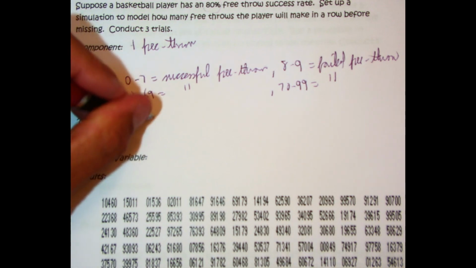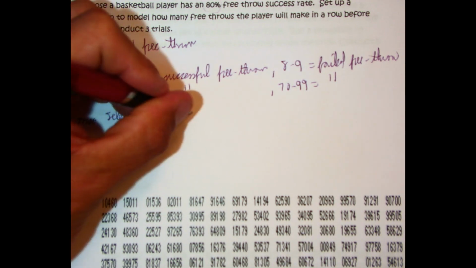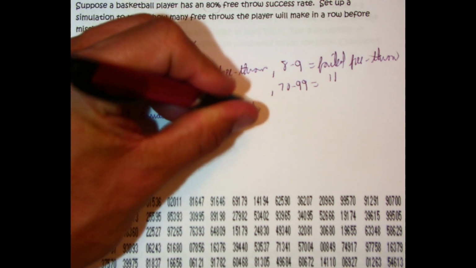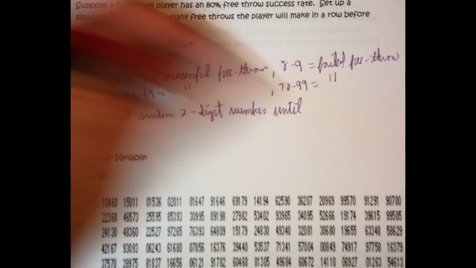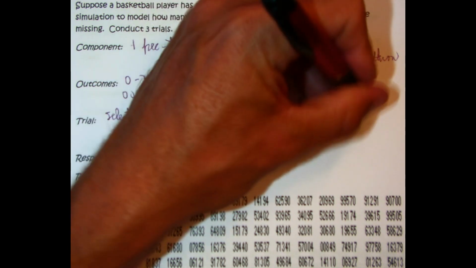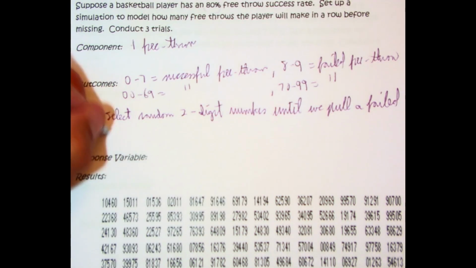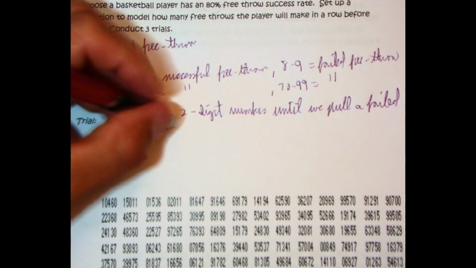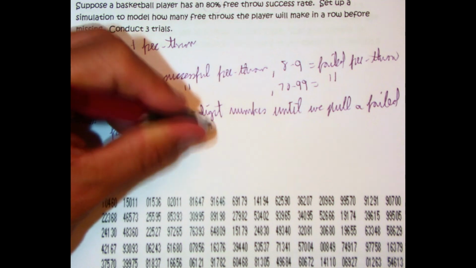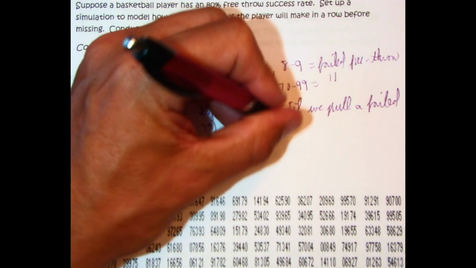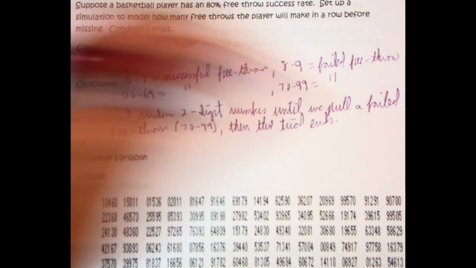We select random 2-digit numbers until we pull a failed free throw, and that would be 70 through 99. Then the trial ends. So that's it. The trial's over once we pull the failed free throw.